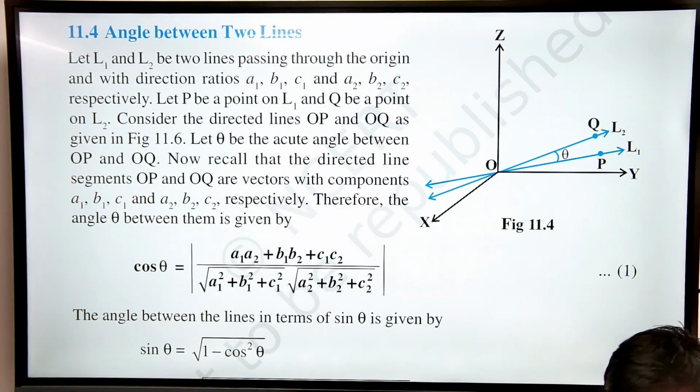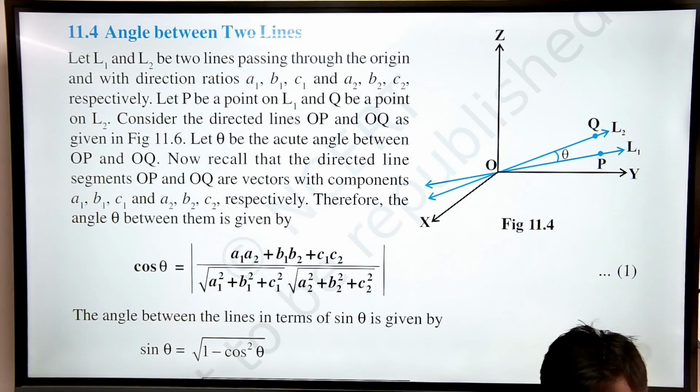Find the unit vector perpendicular to each of the vectors 2i minus j plus k and 3i minus 4j minus k.